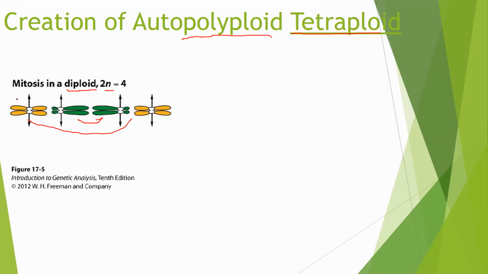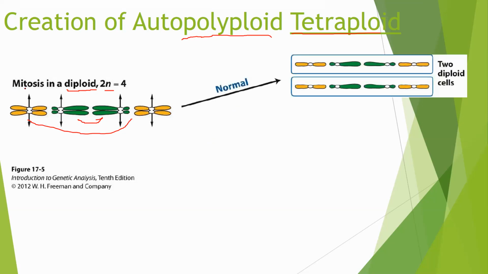During mitosis, if it is a normal mitosis, these 2 sister chromatids are going to segregate and end up in 2 daughter cells, each with 4 chromosomes, right? 2N. So each daughter cell will have 2N. This is the standard normal mitosis.